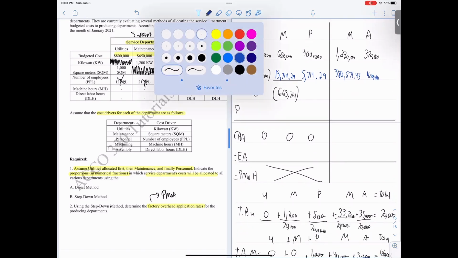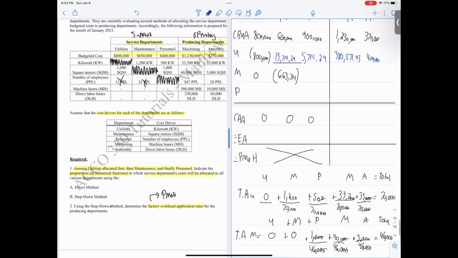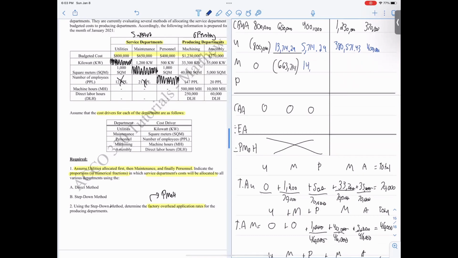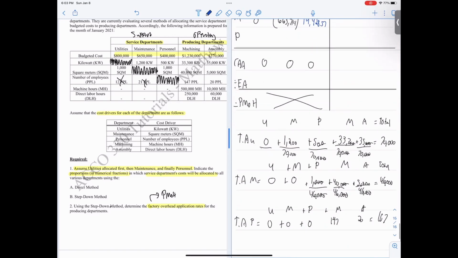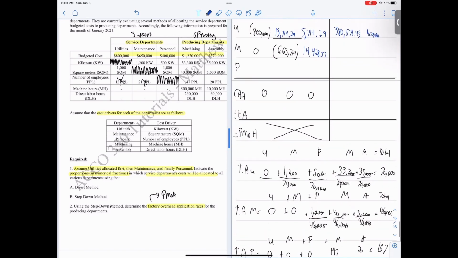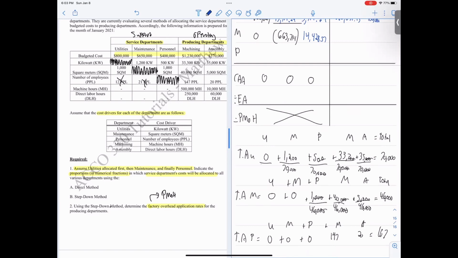Okay? Now, guys, what we got here, we got 14,428.57. How did we get that? 663,714 times the amount that personnel uses from maintenance. Personnel, guys, uses 1,000 of the 46,000 square meters. So they should take that percentage. So 663,714 times 1,000 over 46,000 gives you 14,428.